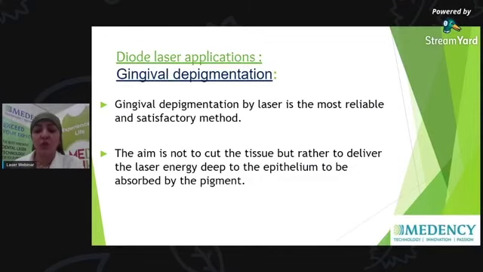If you are using burrs or a scalpel, for example, you are going to face a main problem, which is severe bleeding, and also the patient will suffer from pain, and you should give the patient many anesthesia injections so he cannot feel pain. But with diode laser, it's not that way at all. It is a very fast procedure. You finish it in just a matter of 2 minutes or so. So the aim of gingival depigmentation while using diode laser is not to cut the tissue, but rather to deliver the laser energy deep to the epithelium to be absorbed by the pigment.